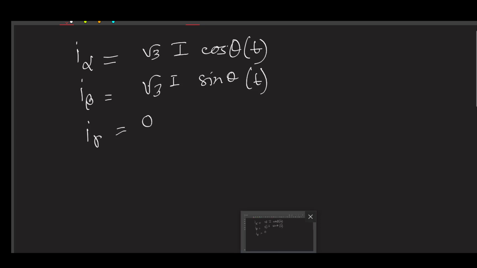So the essence of converting to a rotating frame where the variables appear as direct current variables is that you will be able to analyze and understand this transient without much difficulty, right?